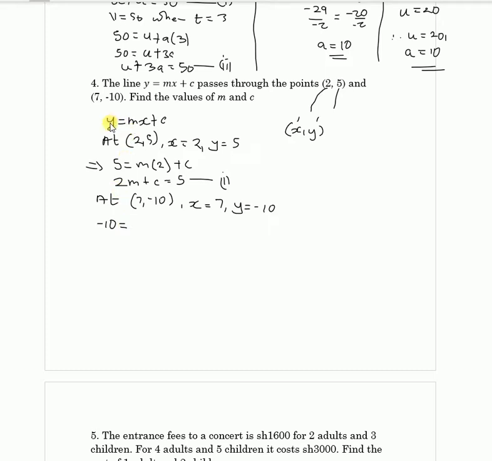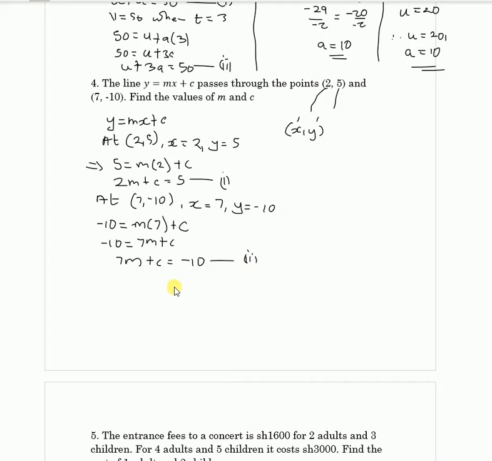Negative 10 is equal to m times what is the x value, it is 7, then plus c, such that negative 10 is equal to 7m plus c. I shall turn the equation around and I have 7m plus c equal to negative 10. I call this equation number 2.